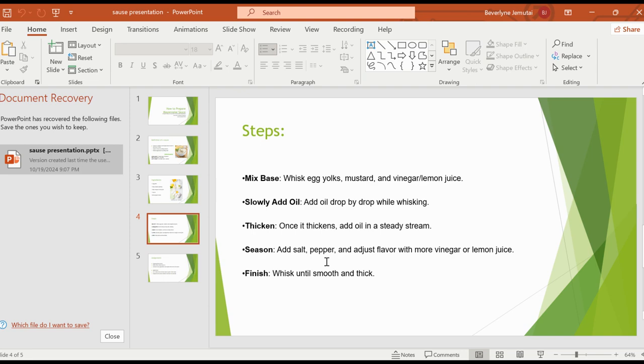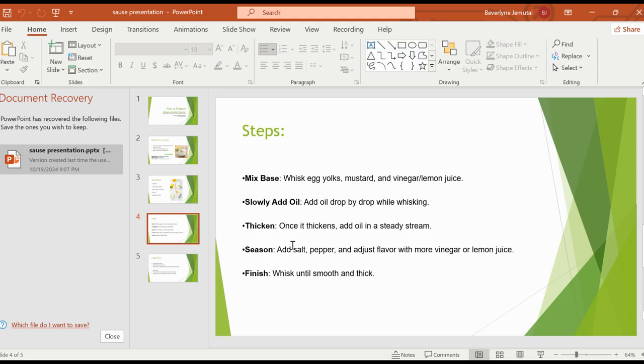You see, step two indicates slowly add oil, which means you add oil little by little as you continue whisking without stopping, because the moment you stop before the mayonnaise is ready, it will curdle. Mayonnaise is very sensitive when you are making it. You need to be very careful.